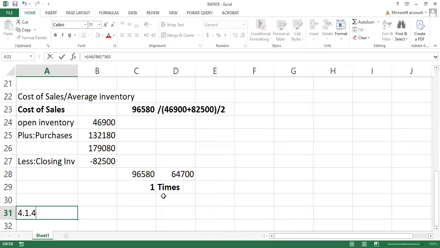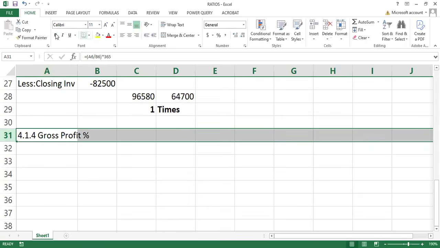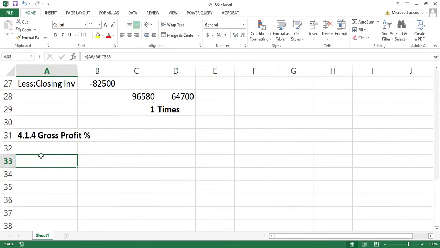They are saying gross profit percentage. It's not a problem even if you write it like that, they will mark it. So, what is the formula for this one? Remember, every time you start, you must start with the formula.